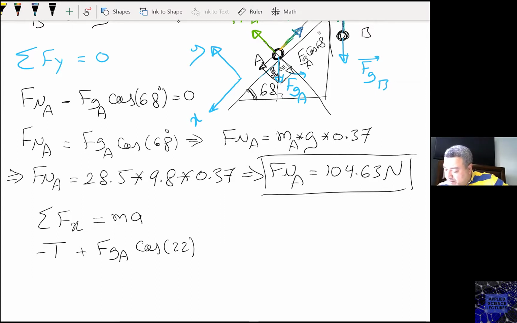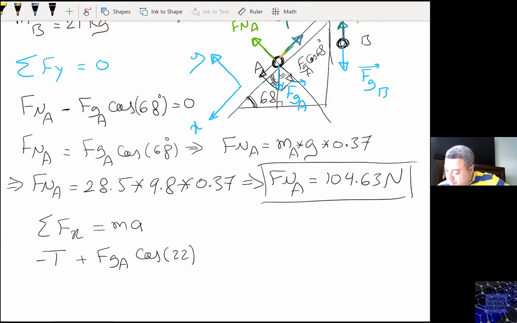Right? So minus T equals m1 a. Right? This is for this one by itself.